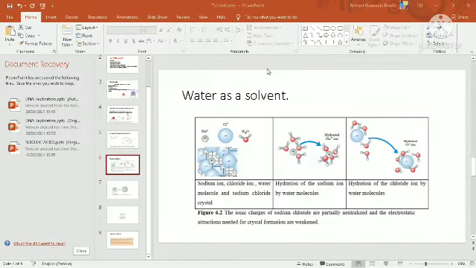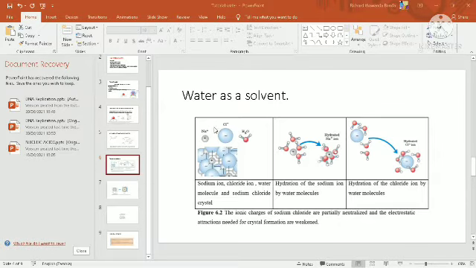Water is only able to interact with other polar substances, and this is what these images here are trying to depict. So, for example, sodium chloride, which is an ionic compound. You have the sodium and the chloride in the sodium chloride having charges.